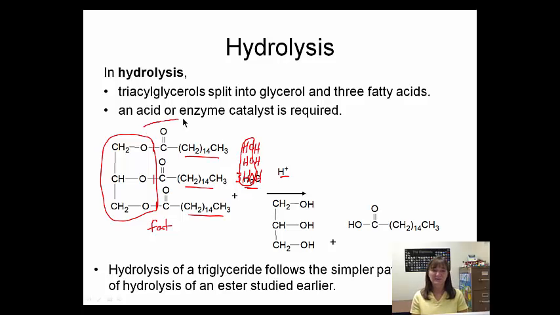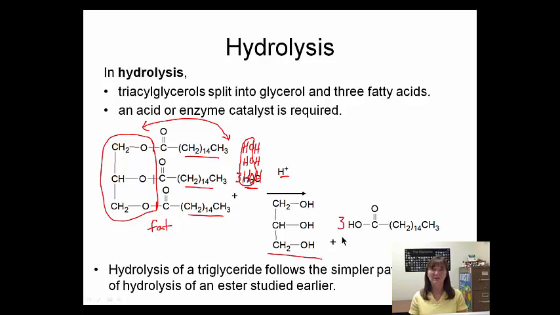And then I'm going to switch places between my 2 circles. So on my oxygen, I'm going to have these 3 hydrogens, so that's going to give me my glycerol back. And then my 3 fatty acids, in this particular example, I have the same 3 fatty acids, but you don't always end up with the same 3. But since these are the same, I should end up with 3 fatty acids after I hydrolyze.